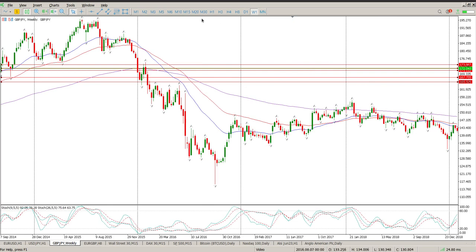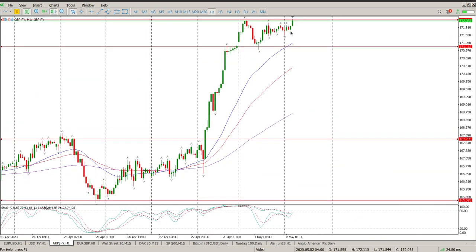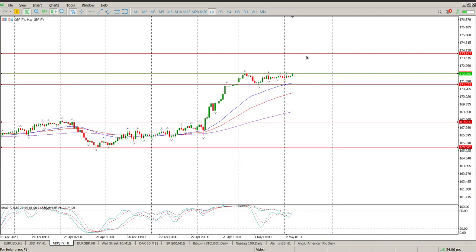Anyway, that's kind of what I would be paying attention to. There's your next bit of structure, and obviously in between here is microstructure, but you do have a strong move up, range, break. If it breaks and retests, I would be looking for the long here, and aiming for 173.867.